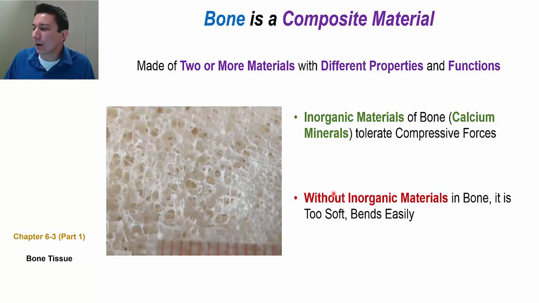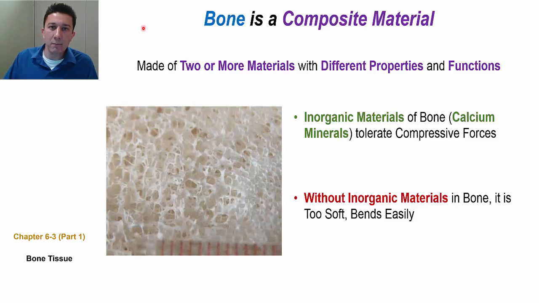So let's consider a scenario in which we remove the inorganic materials of bone. The way that you can do this very easily is if you have some leftover bones from a meal, like chicken wings, you can put them in vinegar and effectively dissolve away all the calcium materials after a couple of days.